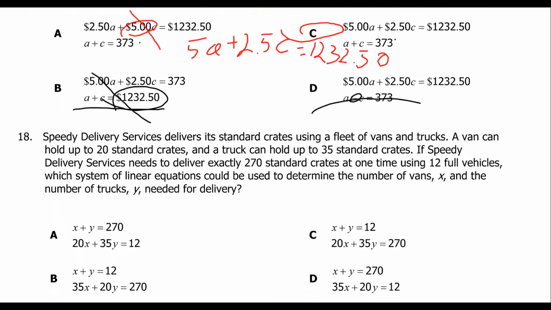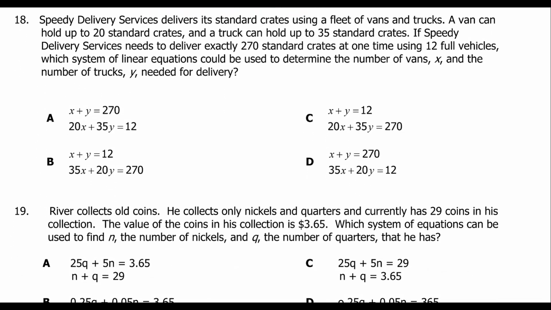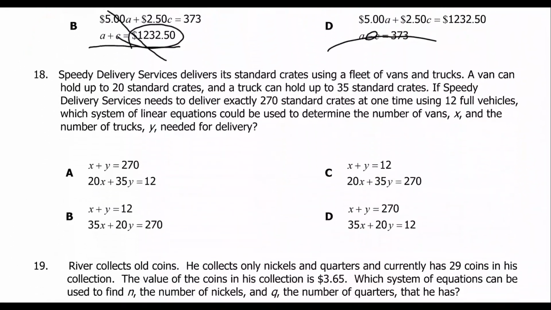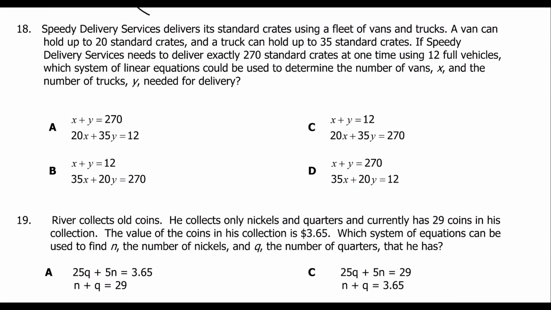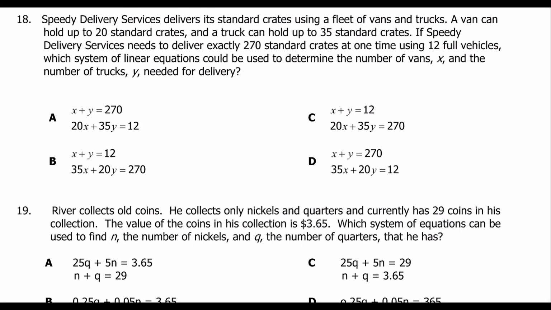Okay, next problem. We've got Speedy Delivery Services. It delivers its standard crates using a fleet of vans and trucks. A van can hold up to 20 standard crates, and a truck can hold up to 35 standard crates.